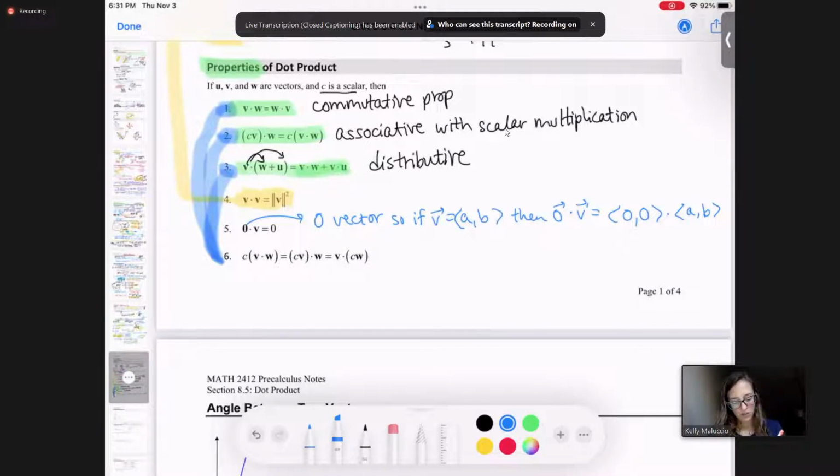Oh shoot, maybe it's just 1 and 2. All right, hold on. It's just 1 and 2. Let's go with that. So this is the commutative and associative combined.